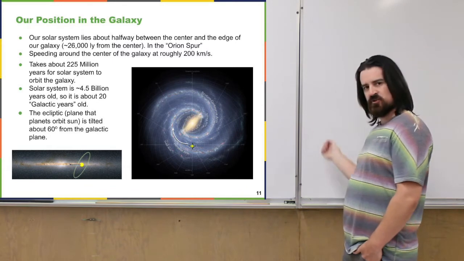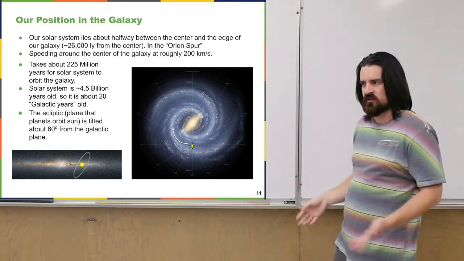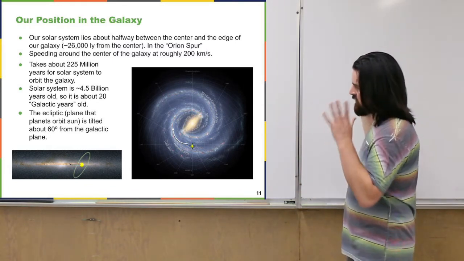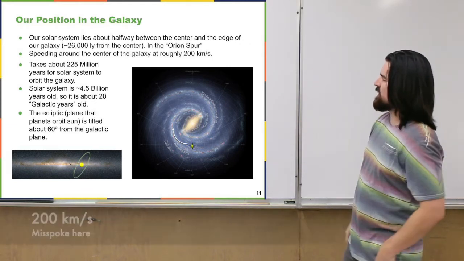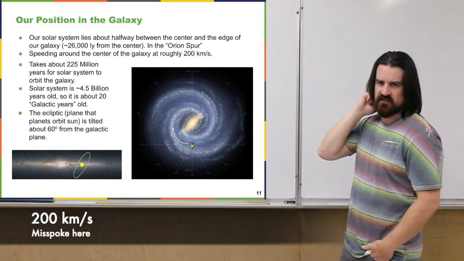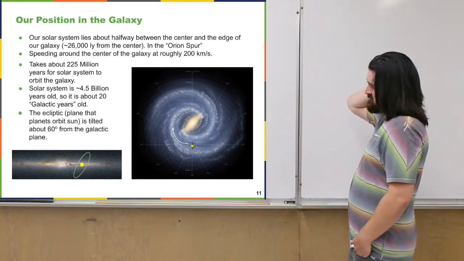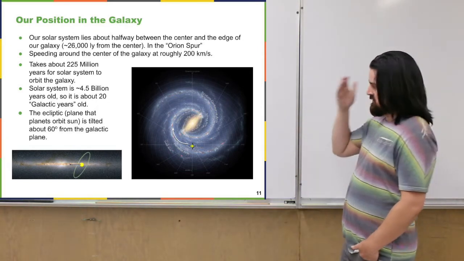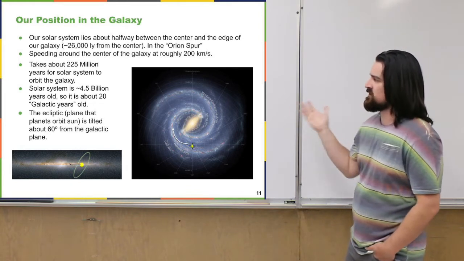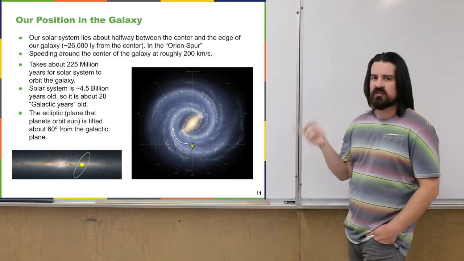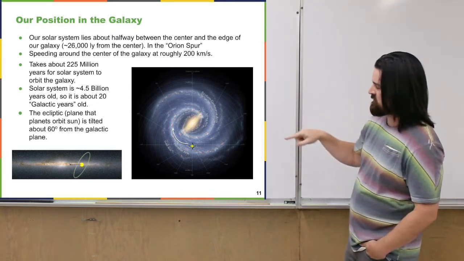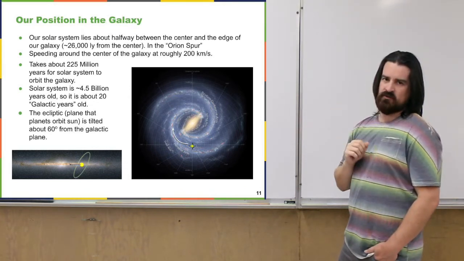Our sun and our solar system and all the stuff in it, the Earth, planets, pretty much all of us together are moving around the center of the galaxy at about kilometers a second, really fast. However, the galaxy is enormous, and so it still takes about 225 million years for our solar system to make one revolution around the galaxy.